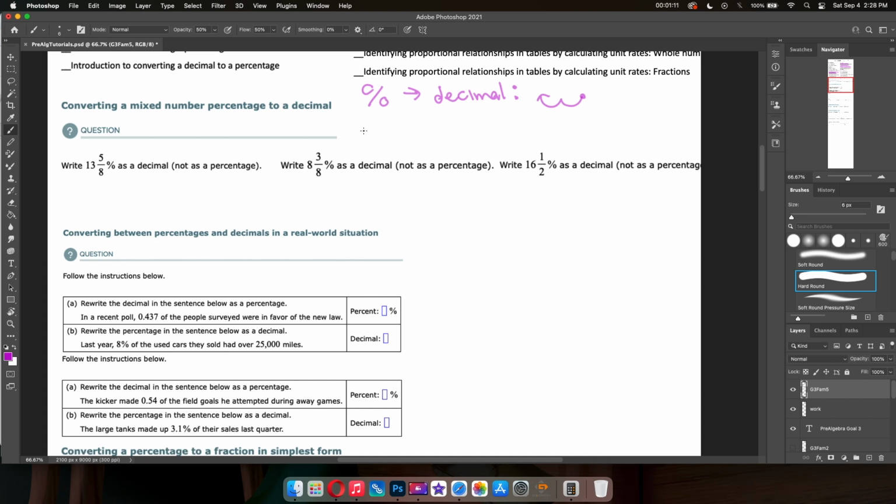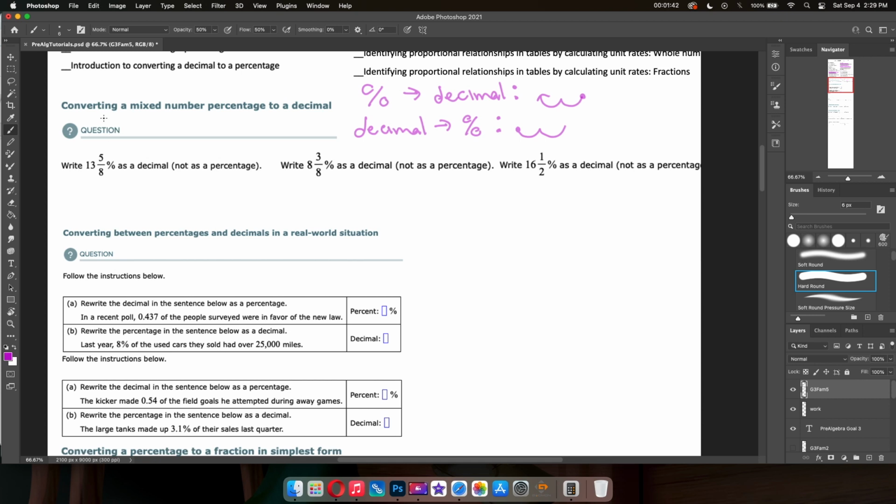Meanwhile, the reverse, when you're going from a decimal to a percent, you're going to take the decimal they give you and then move it 2 places to the right. Doing that will always give you the right answer. So going to the decimal, left; going to the percent, to the right. If you need to write this in your notes as a little cheat sheet for yourself, by all means, go ahead and do so. No one is stopping you.